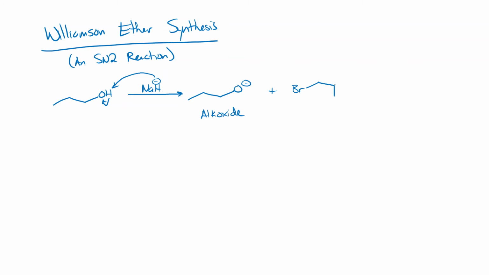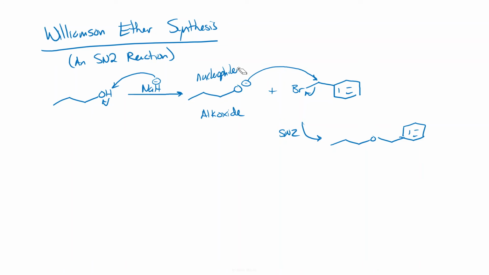This is what Williamson figured out, is we can make ethers where the oxygen is connected to carbon on both sides if we make the oxygen into a nucleophile and then add it to a primary leaving group and do an SN2 reaction. So we can also activate alcohols by turning them into nucleophiles.